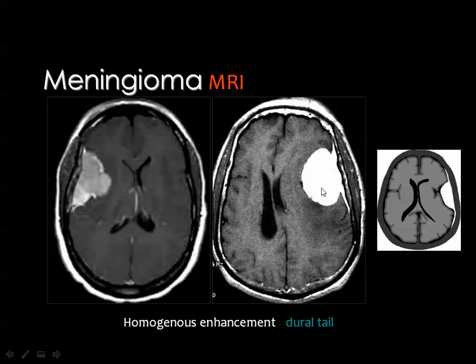This is not a characteristic finding of meningioma and can be seen in other tumors, but it may occur and may not occur. And you can see here, this is a homogeneously enhanced lesion based to the dura diagnostic of convexity meningioma without the presence of dural tail. And this is a homogeneously enhanced lesion based to the dura diagnostic of meningioma with the characteristic dural tail, as you can see.